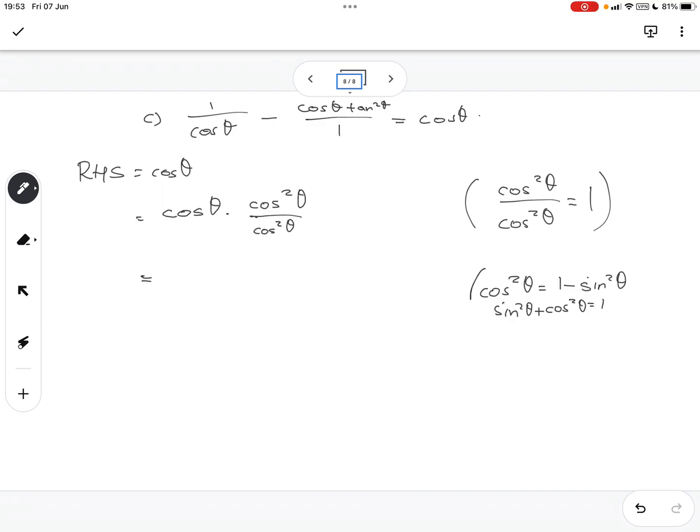So cos squared theta equals 1 minus sine squared theta, because the square identity is sine squared theta plus cos squared theta equals 1. So if we apply additive inverses on the square identity, we can have on our right hand side cos theta times 1 minus sine squared theta. And then we're going to apply the distributive rule. We still keep the denominator.